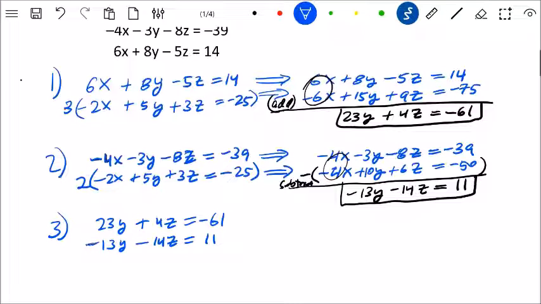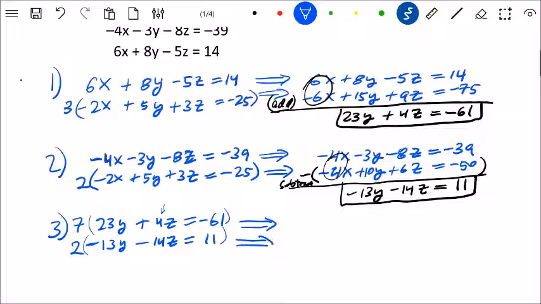So now I could multiply the top one by 13 and the bottom one by 23 and get rid of the y's. Or I can use these two and multiply by 14 and 4, or I can use a lower common multiple. For instance, I could use 7 and 2, and I'll get 28. So that will be easier ones to use.